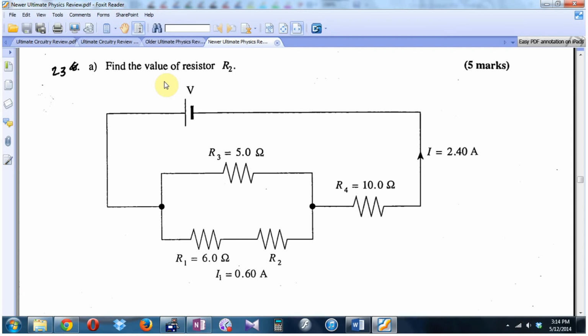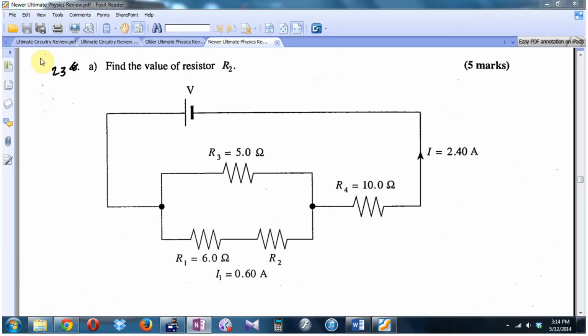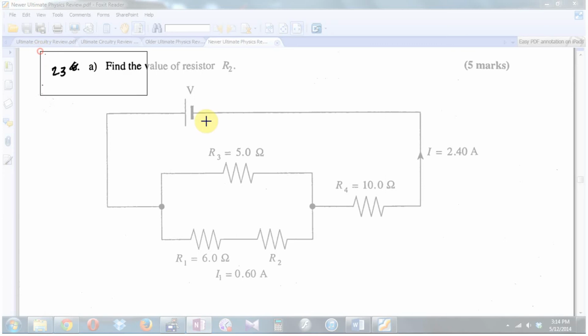As I've said several times, if I know 2, I know 3 or 4, I can ask you to find power or voltage or current or resistance. You don't have this one. This is from the old photocopied review that I used to give out, unless it showed up somewhere else on your newer review, but I don't think so. So you ready, Enzo? I'm going to pick on you.